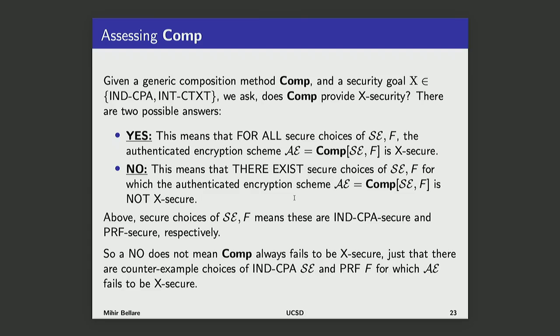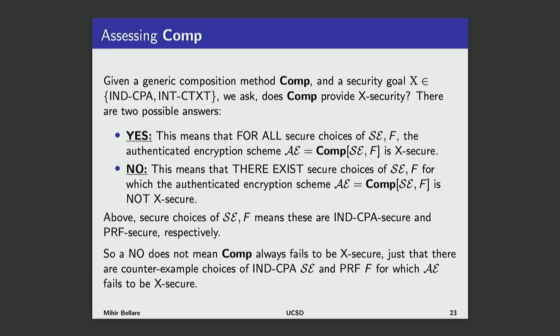So I'm going to take a bit of a different approach here than usual, in the sense that we'll just kind of eyeball these methods and check intuitively for vulnerabilities or security. But in order to do that, there are a few things that should be clarified about what we mean by this composition method being secure. So first off, we'll consider both goals: privacy, IND-CPA, and integrity. And then for each, we'll ask, does the scheme work?